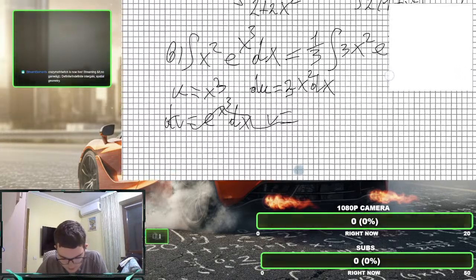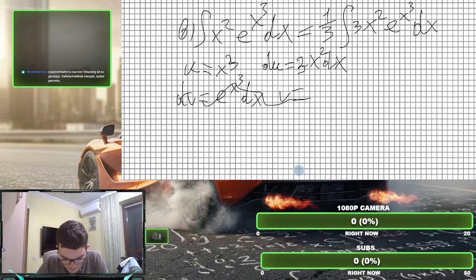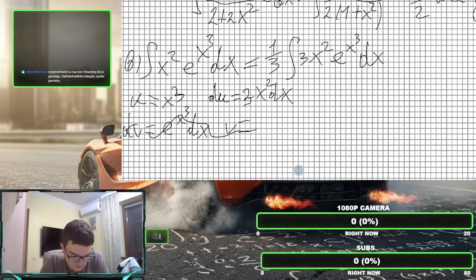What if I try to use my way? I'm going to try that. So I use this u substitution, but I think you can't use u substitution and integration by parts at the same time.